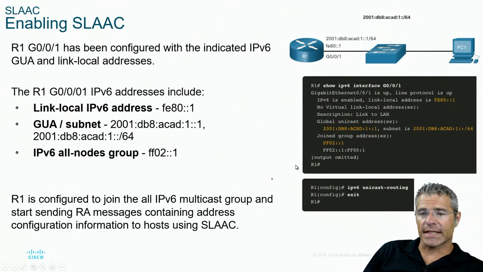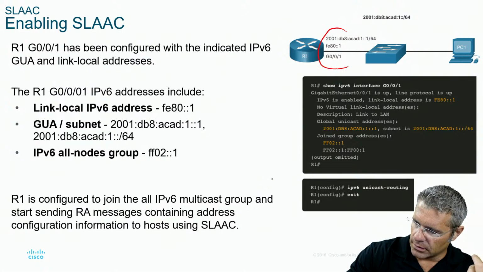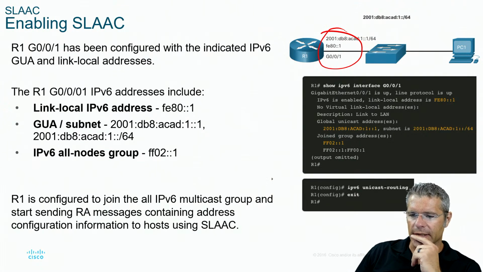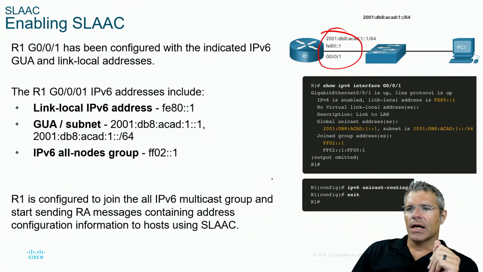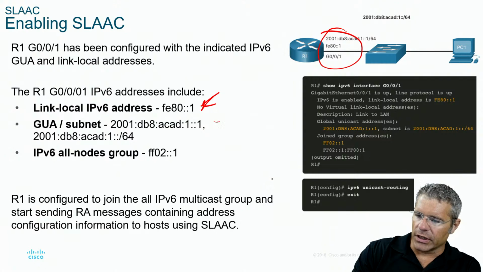So if you are doing this on a Cisco switch, you go in, you pick the port. In this case, gig0/0/1 is the port in question. On that, gig0/0/1 knows about its link local address. It knows about its GUA and its subnet.